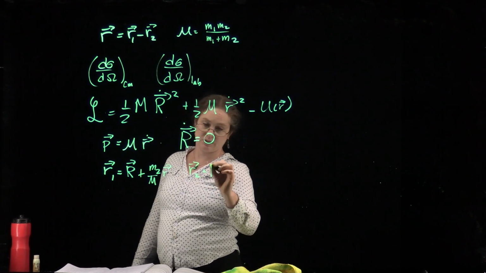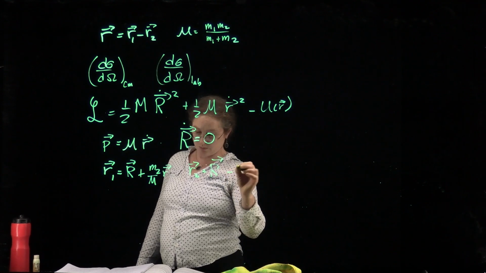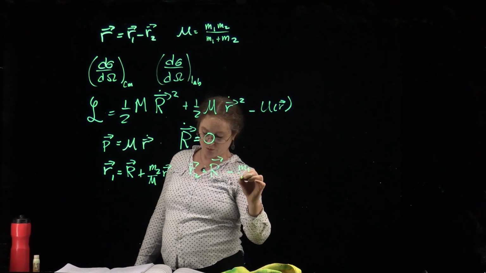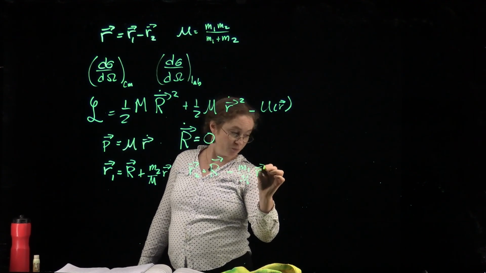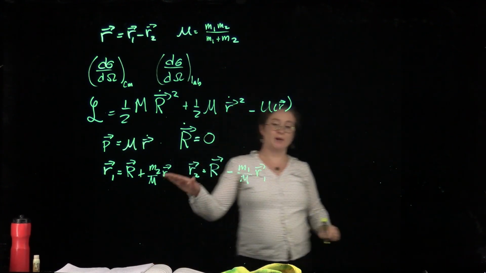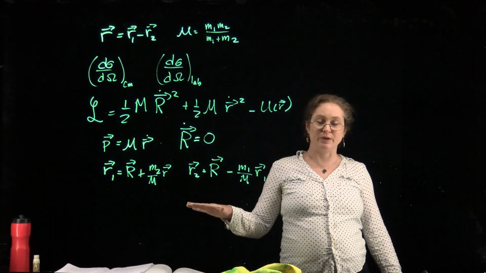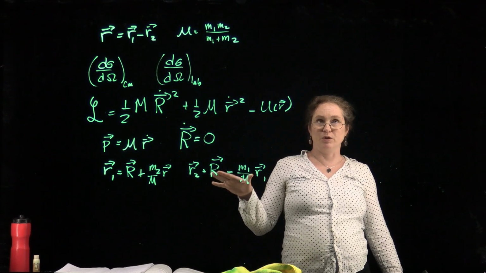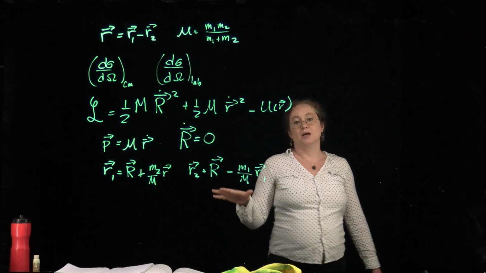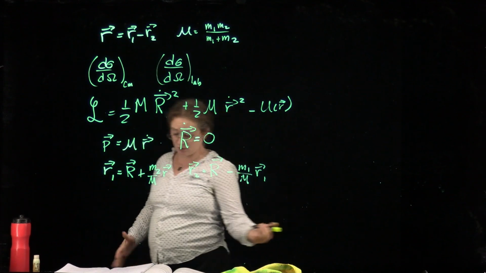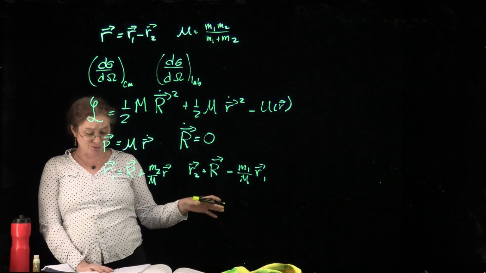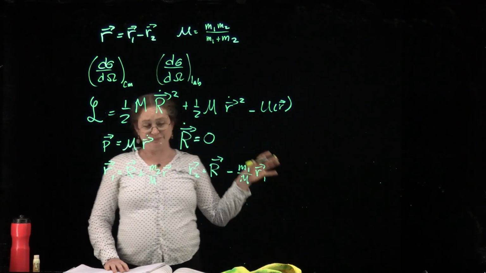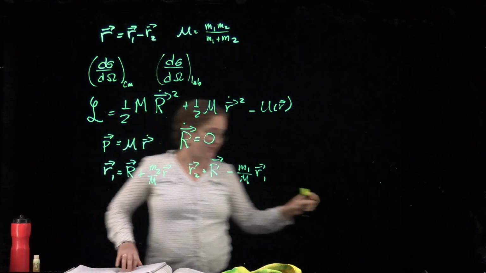R2 is big R minus m1 over big M times little r. This all goes back to the chapter where we talked about the center of mass in preparation originally for the use of rotations. Now it's also useful for talking about cross sections and scattering.